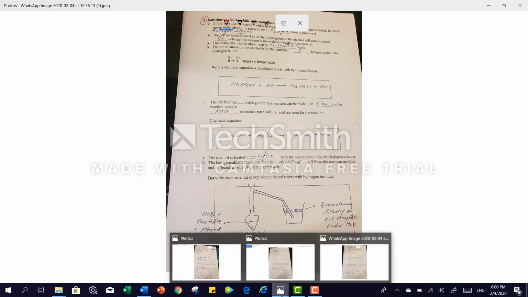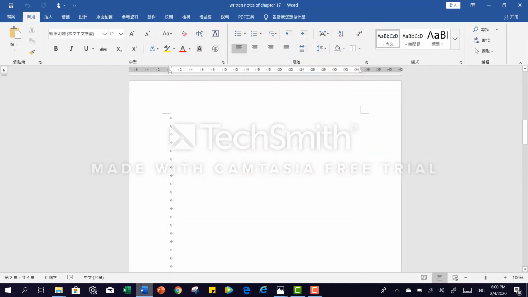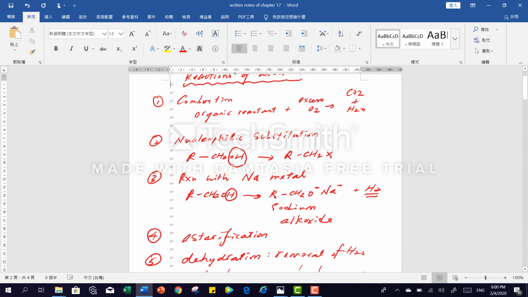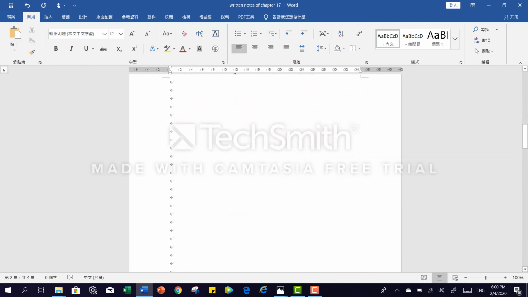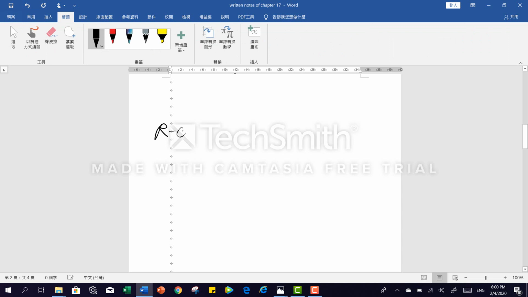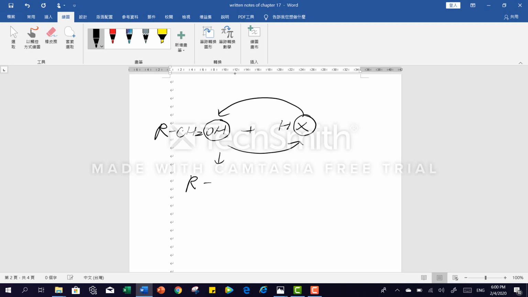As I mentioned in the previous video, for example, if you have an alcohol and you add HX, then we are expecting this OH group and this X to be replaced with each other, so the RCH2X will be produced. This is called a substitution reaction.